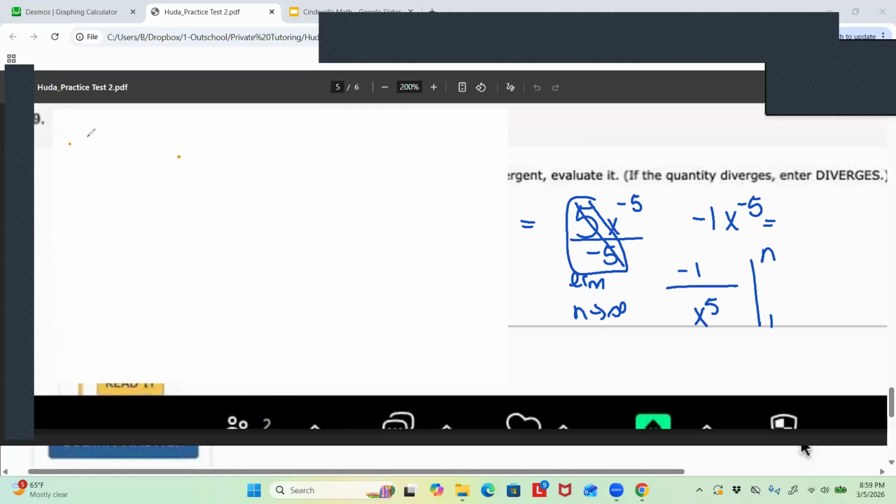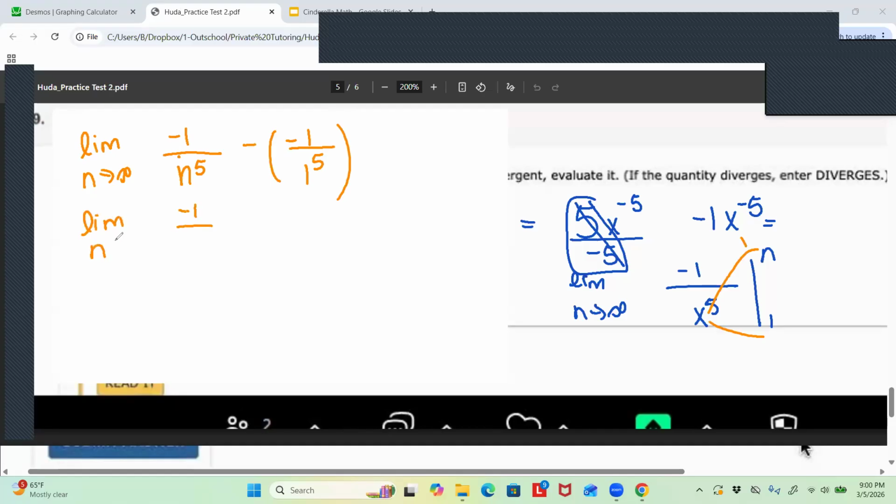So this is now limit as n approaches infinity, negative 1 over n to the 5th minus negative 1 over 1 to the 5th. So I plugged in n, plugged in 1. The minus would turn plus 1 over 1, which is 1.